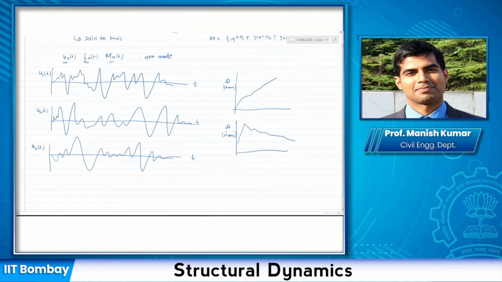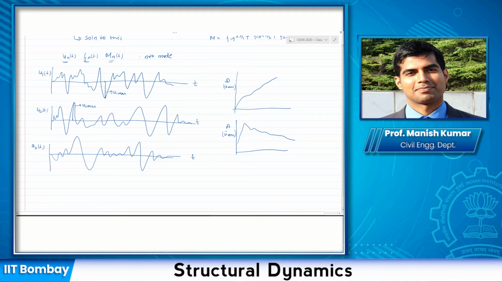Okay, but let us look at this. For each mode, depending upon the time period of this mode, for example, for this one, this is my U1 max. It is happening at this time T1. For this case, let us say this is my U2 max.